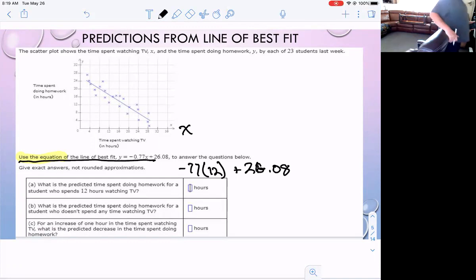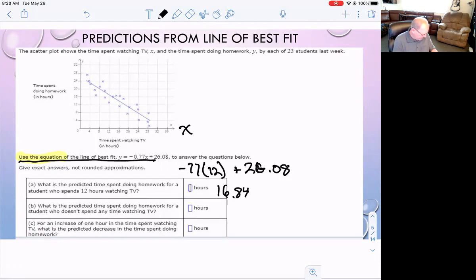So you can put it in your calculator, and I try to teach you to always be putting the numbers that I'm talking about into your calculator. Because I'm busy doing other things. So here, I'll do it again. Negative 0.77 times 12 equals plus 26.08 equals S arrow D, 16.84. Okay.